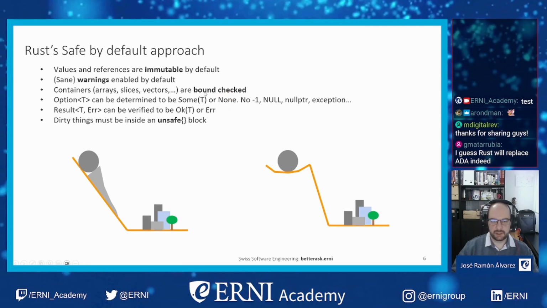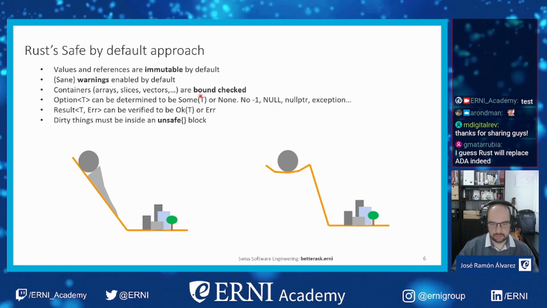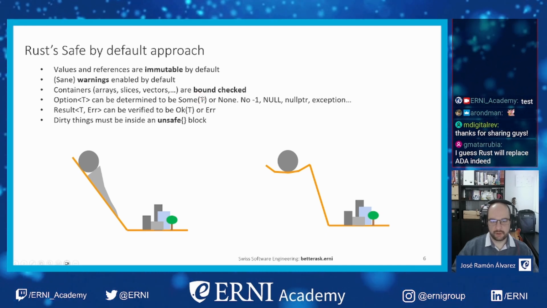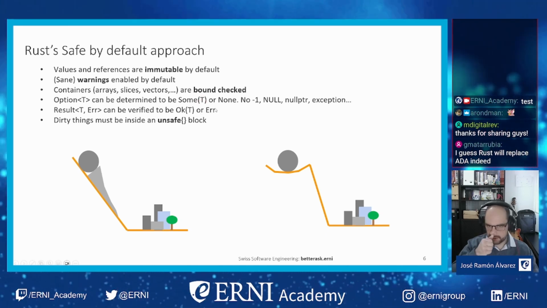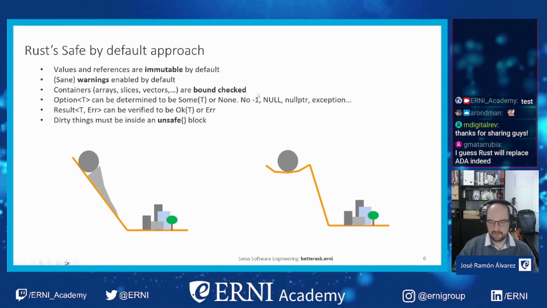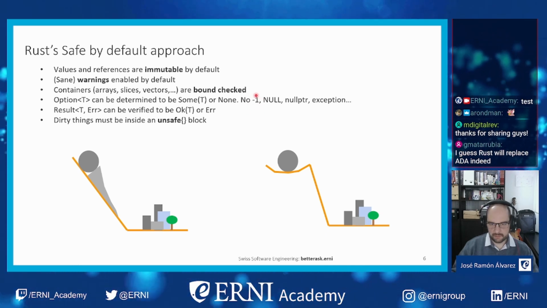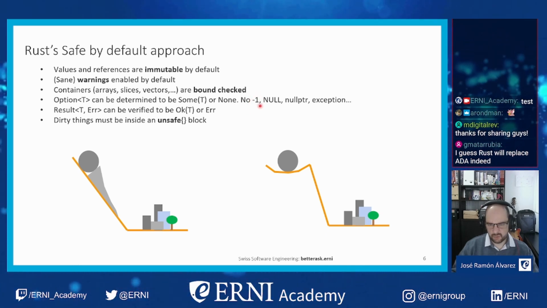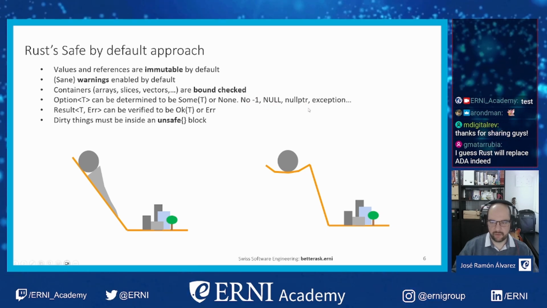And if we have some value, we are going to receive a Some from that function with the value encapsulated inside. So there is no need to return a not well-defined value like -1, a null pointer, or throw an exception.